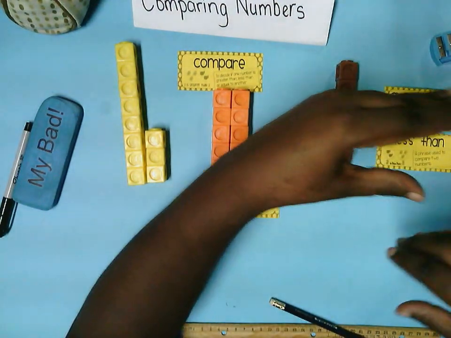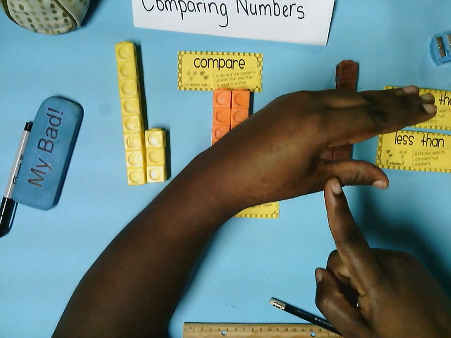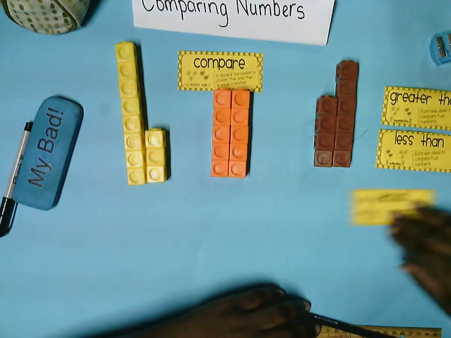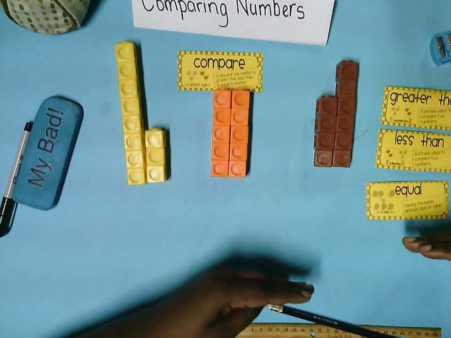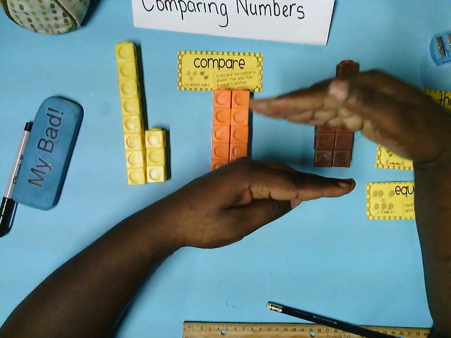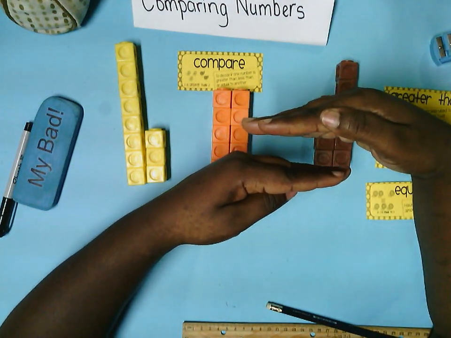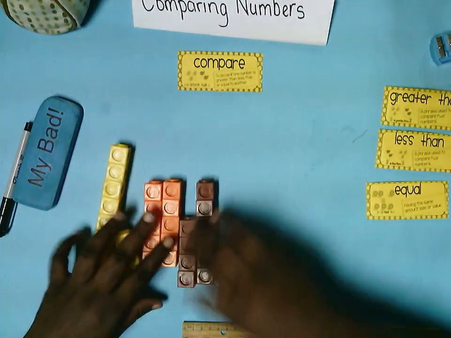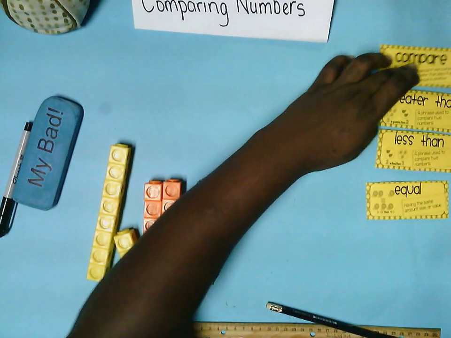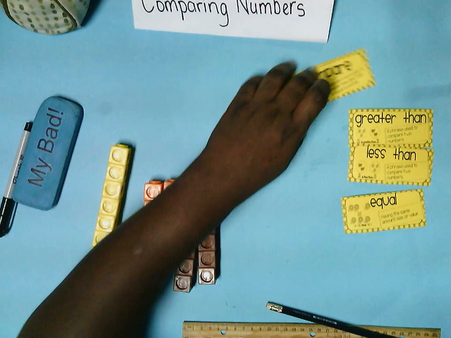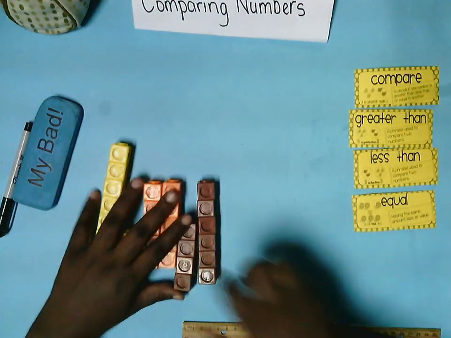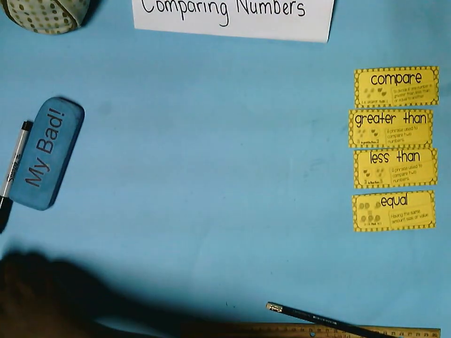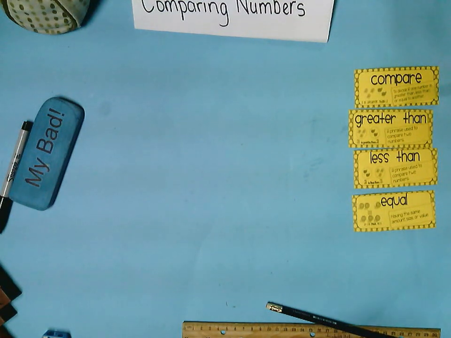Less than means he will point his back to that particular number. Equal means they're the same. No difference between them. And when we do this, this is called comparing, because we want to see which is greater or smaller.